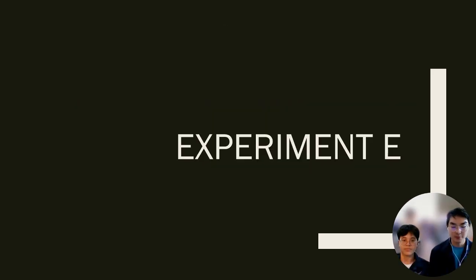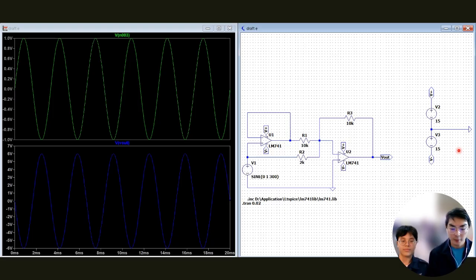Experiment E is a summing amplifier. The summing amplifier is a vector addition circuit. We apply 1 volt on both channels. Channel 1 has a resistor of 1 kilo ohm, and channel 2 has a resistor of 2 kilo ohms.